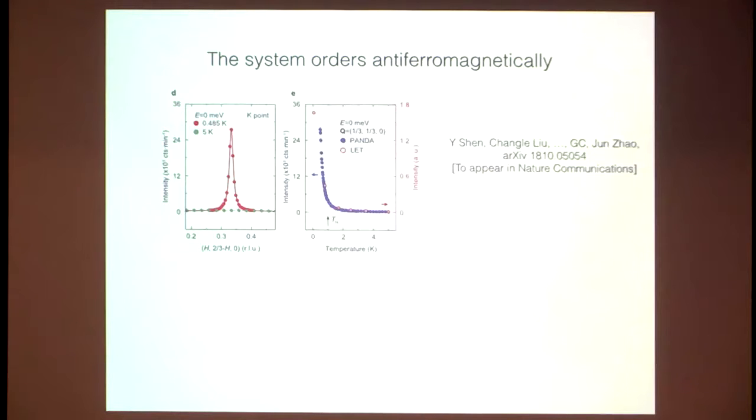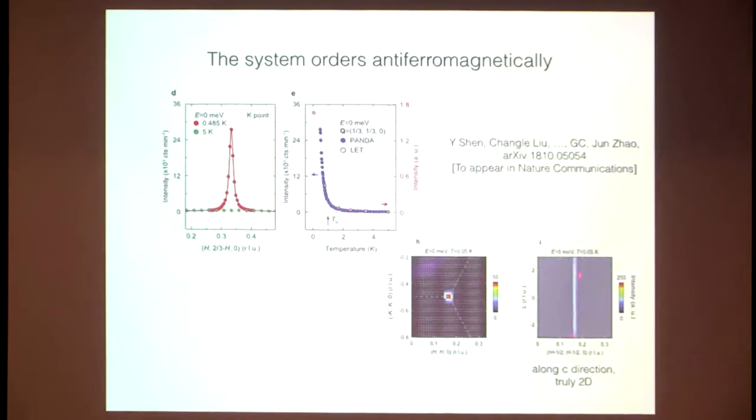So this is the neutron diffraction measurement. There is a Bragg peak at the K point in the momentum space, in the reciprocal space. And as a function of temperature around 1 Kelvin, the peak appears. And if you do neutron scattering and scan the momentum normal to the plane, you see this flat line.